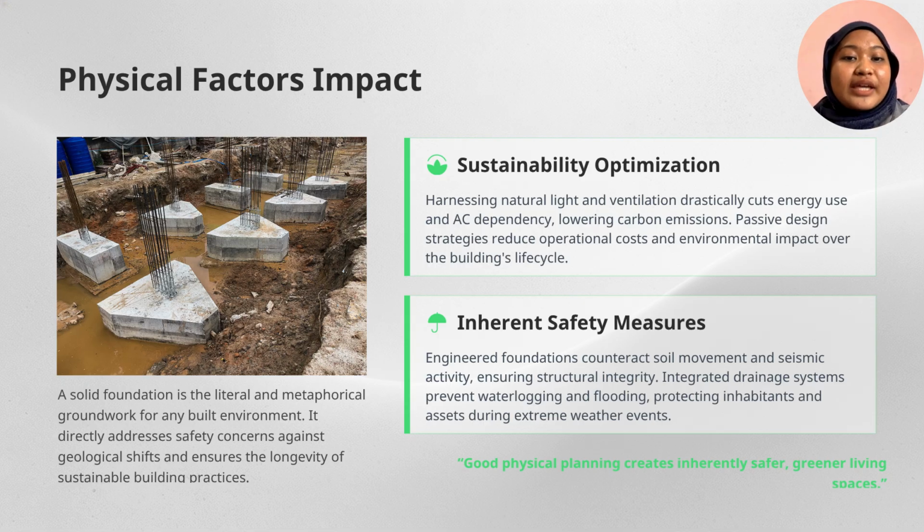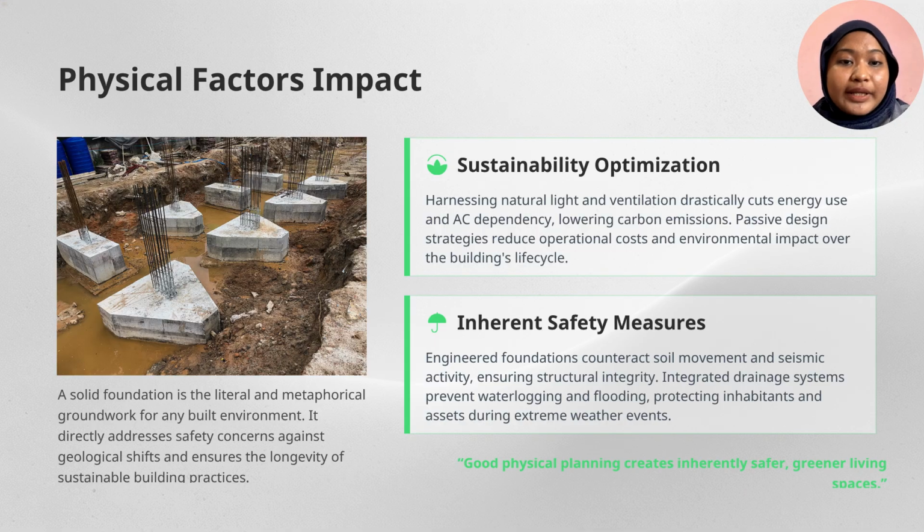The second impact is inherent safety measures. A strong foundation like the one shown in the image provides structural stability and protects the building from soil movement or ground settlement. In addition, a well-designed drainage system helps prevent waterlogging and flooding, especially during periods of heavy rainfall.